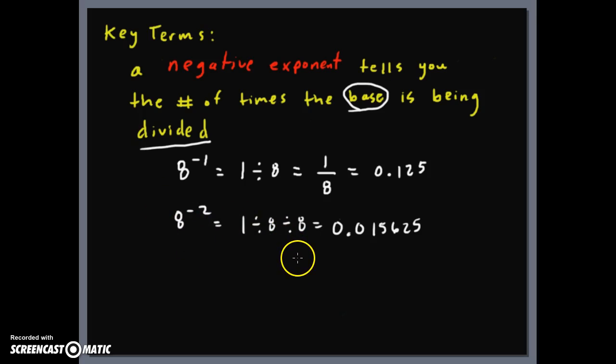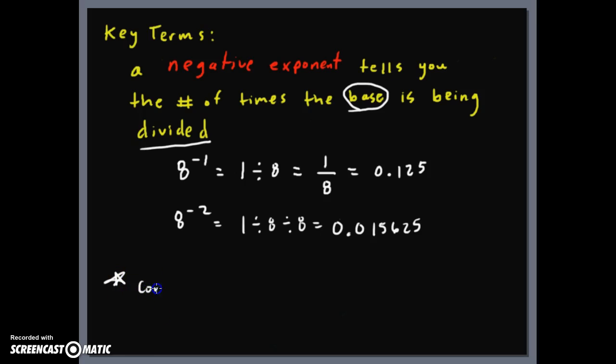And because it's the opposite of what we're used to, and because division gets a little bit more dicey, the best way to tackle negative exponents is to convert to positive. So I want you to ingrain this in your minds. When you see a negative exponent, your mind should say, turn it to a positive, because I know how to multiply and I'd rather multiply than divide.